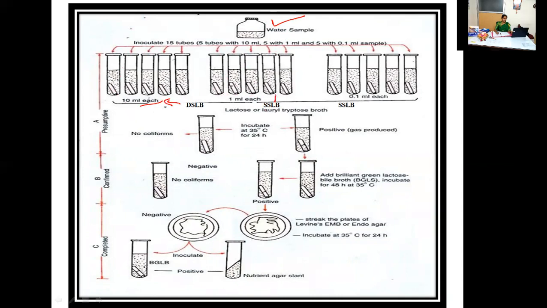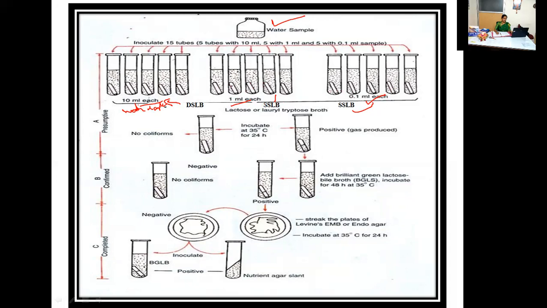Also 10 ml of SSLB can be seen in all the test tubes, and here also you can see 10 ml of SSLB. Here for all the test tubes we added 10 ml of water sample, whereas for all these 5 test tubes we added 1 ml of water sample. For all these test tubes we added 0.1 ml of water sample.